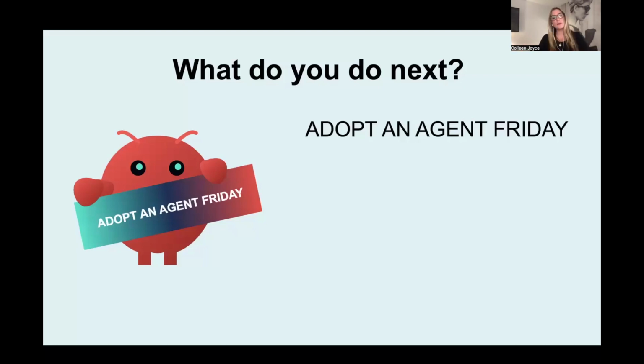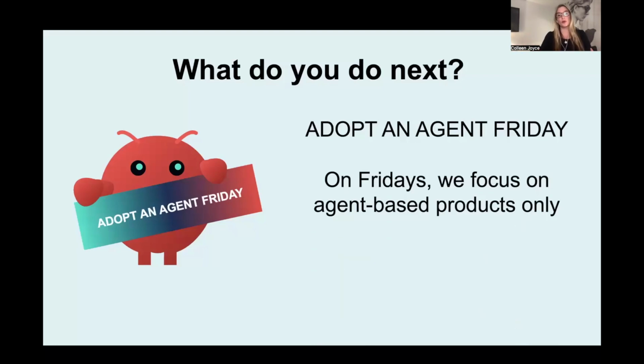But adopt a day, adopt an afternoon where you fully focus on working on agents, or you have somebody in your organization focusing on it, right? And I always like to say, you want to start with something that's interesting to you or a big pain point that you want to solve, because you'll be more invested in working through it.